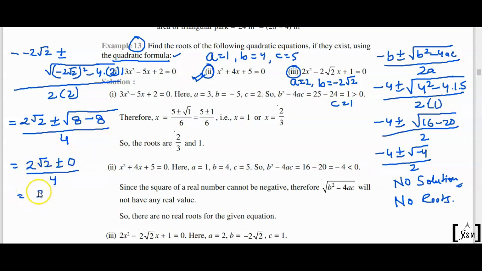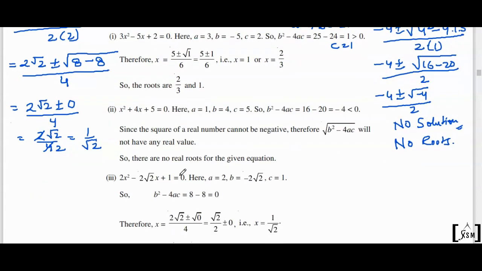So we get 2 root 2 over 4. Hence 2 and 4 cancel, so we get 1 over square root of 2. We have got only one value of x, right? This is another example where we got only one value of x. So any quadratic equation can have no value of x, one value of x, or two values of x, right? Okay. Let's move on.